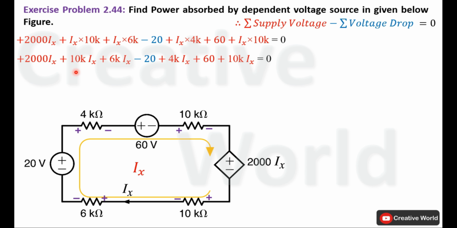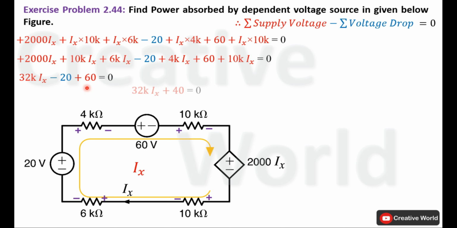Add values that include variable Ix together. It will become 2000 plus 10,000 is 12,000, plus 6,000 is 18,000, plus 4,000 is 22,000, and plus 10,000 is 32,000. So the equation will become 32k Ix minus 20 plus 60. Now subtract 20 from 60.